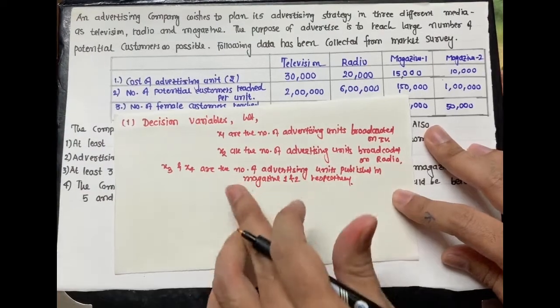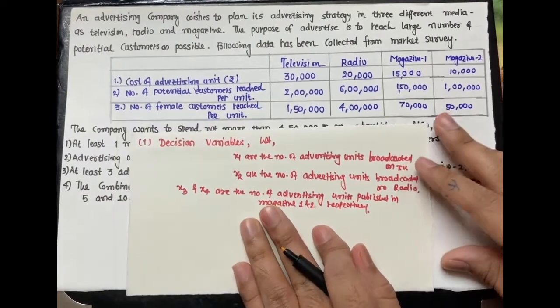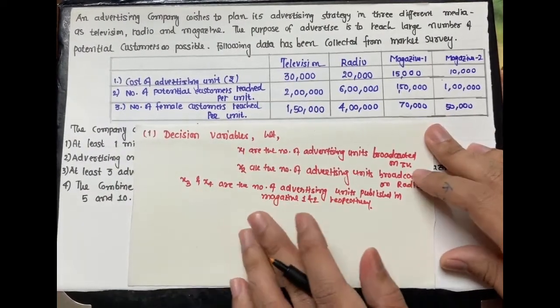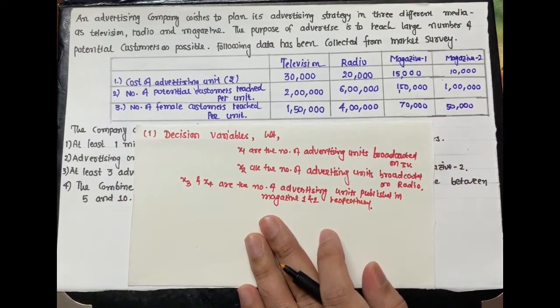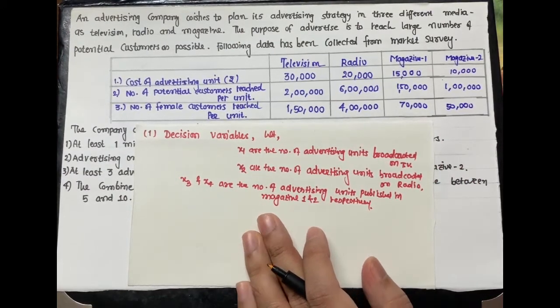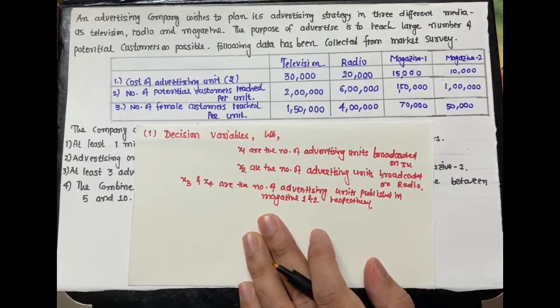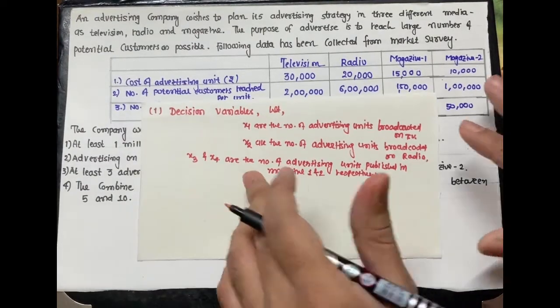So my decision variable is clearly stated here. Okay, that I have considered 4 decision variable in terms of number of advertise that can be broadcasted on 4 different media category. What is my objective function?